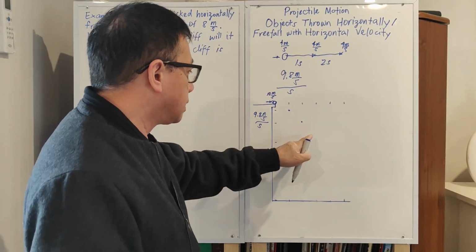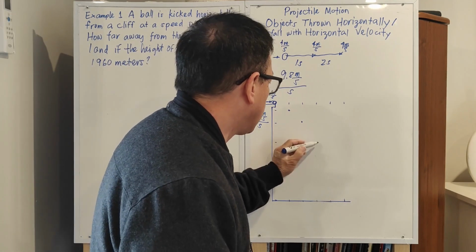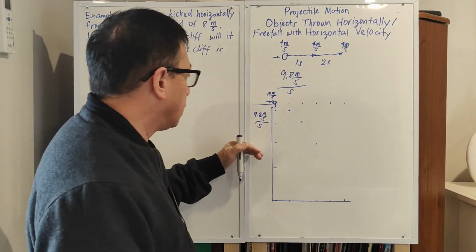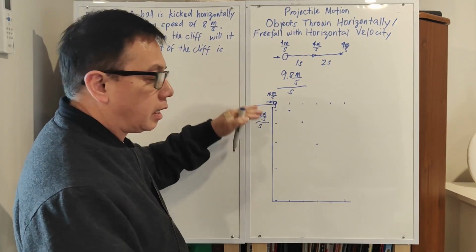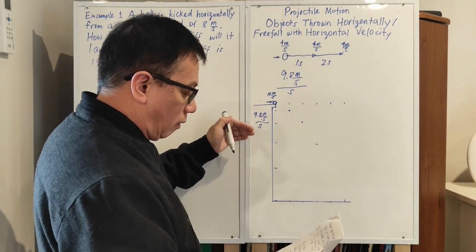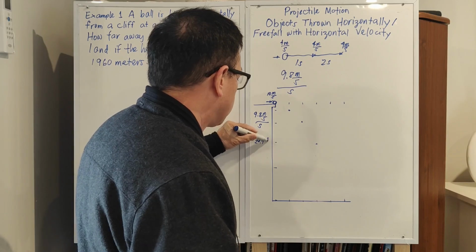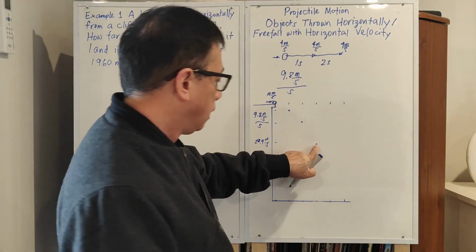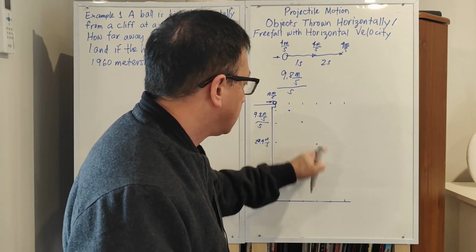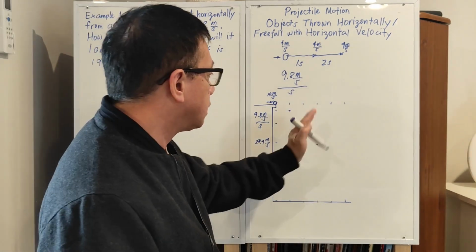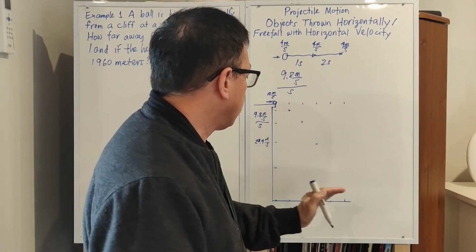Then after 3 seconds, it will maintain the constant velocity of 10 meters per second, but the vertical one will be 3 times 9.8, or 29.4 meters per second at this point. And then its descent will go faster, but the horizontal component will be the same.